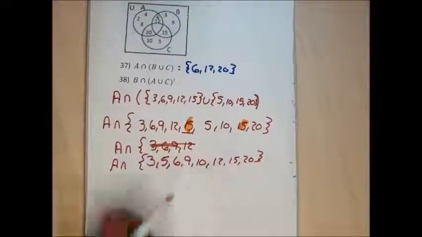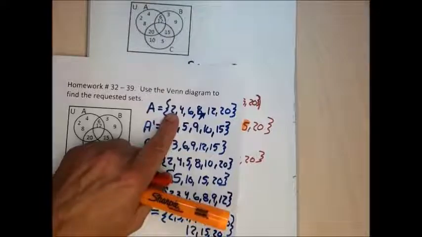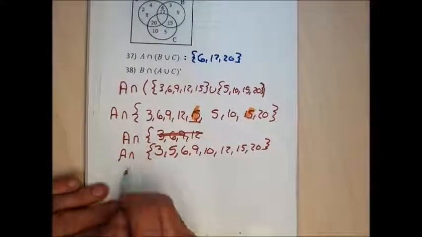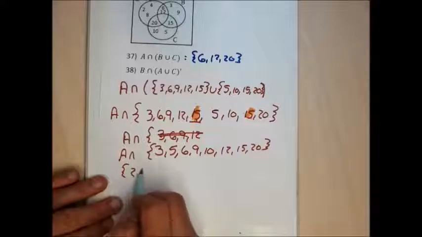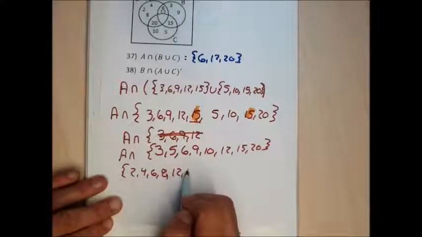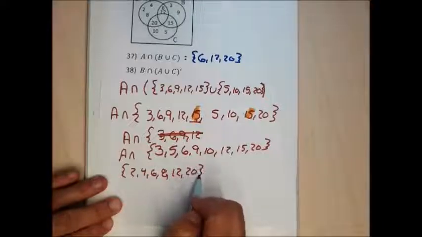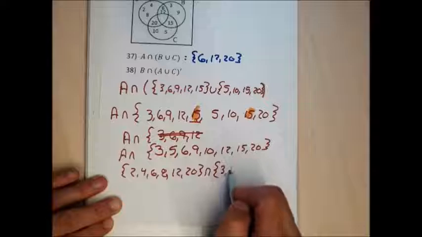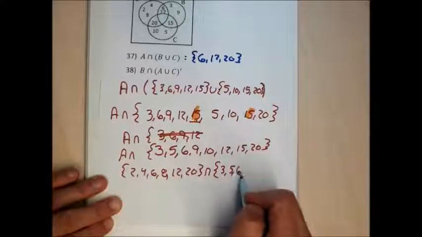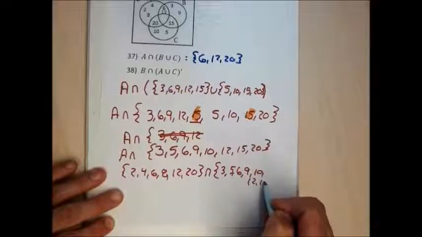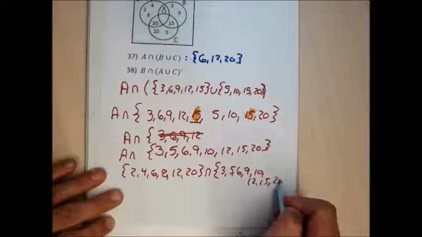Now I'm going to intersect that with A. For A, it's 2, 4, 6, 8, 12, and 20. So now I'm going to replace A with 2, 4, 6, 8, 12, and 20. And I'm going to intersect it with this set that I just created, the set that contains 3, 5, 6, 9, 10, 12, 15, and 20.